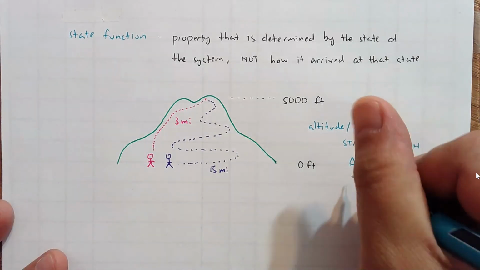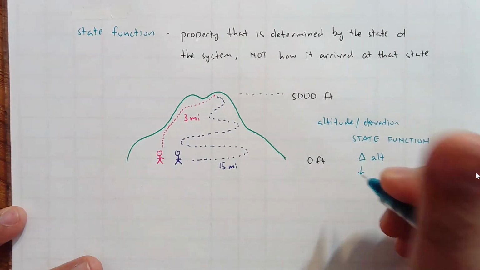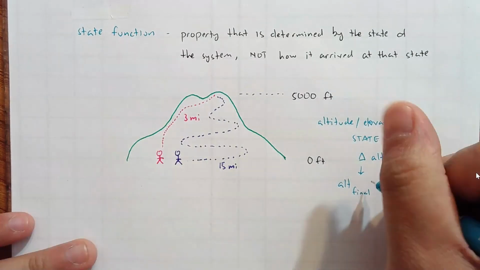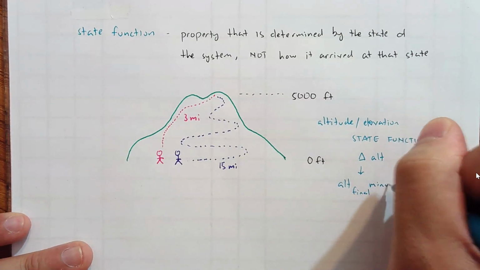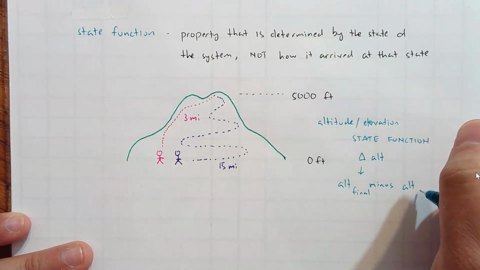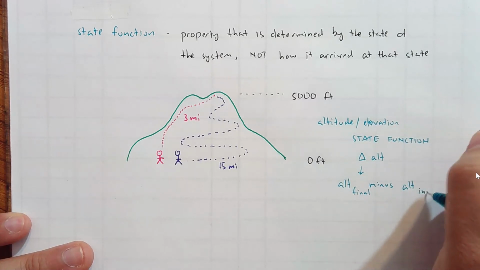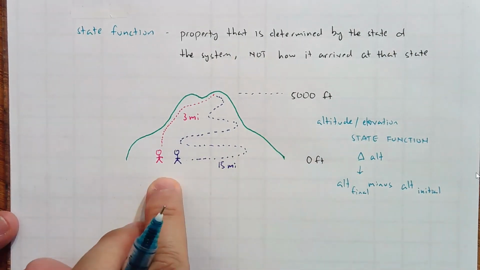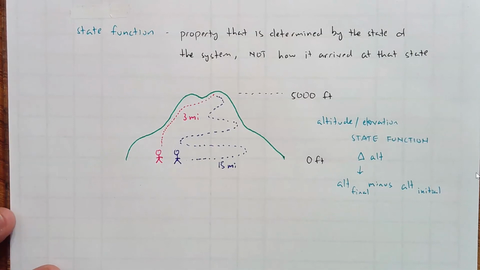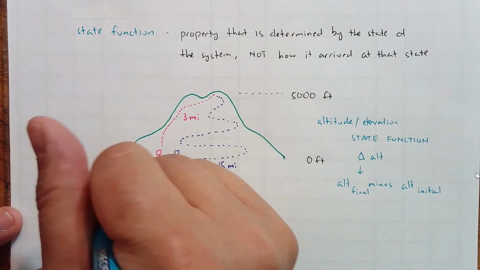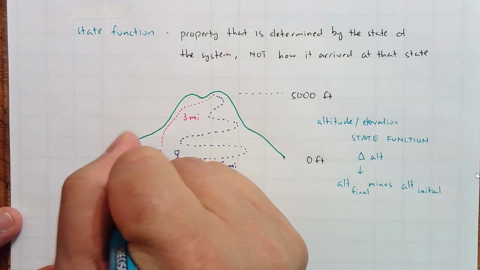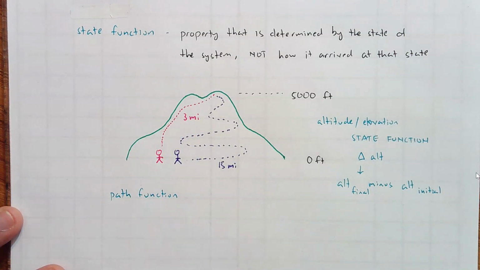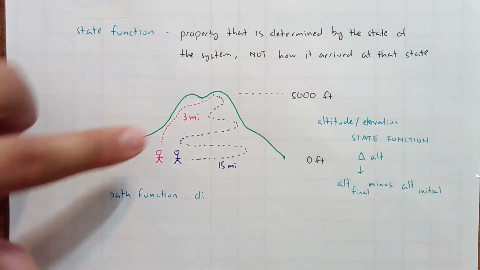Oh, by the way, when you have a delta, think of it as altitude final, 5,000, minus altitude initial. So think of final minus initial. Initial is 0. So the delta altitude is 5,000 feet. And it's the same for both people. But the path, or not even the path, the distance walked, is what's called a path function. So that's the opposite of a state function. And in this case, it's the distance walked. They're different, 3 miles versus 15.